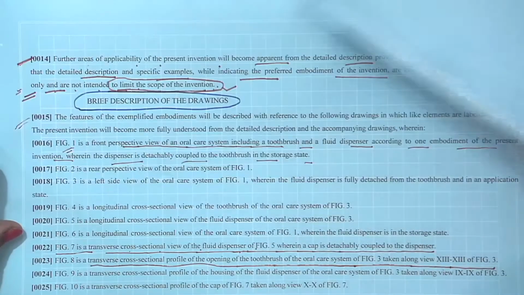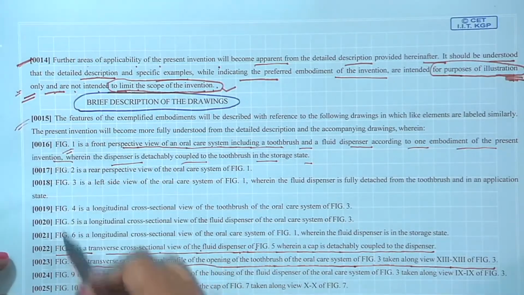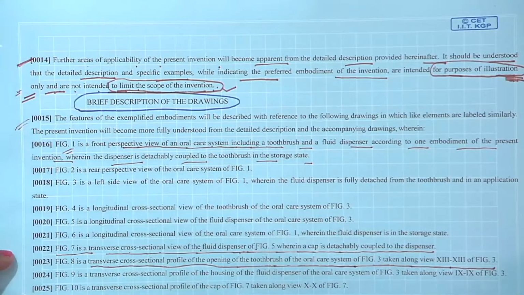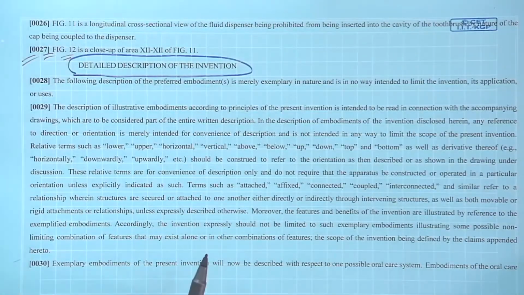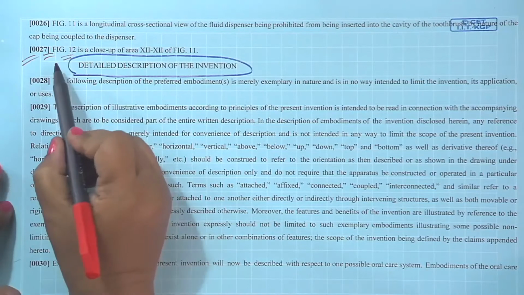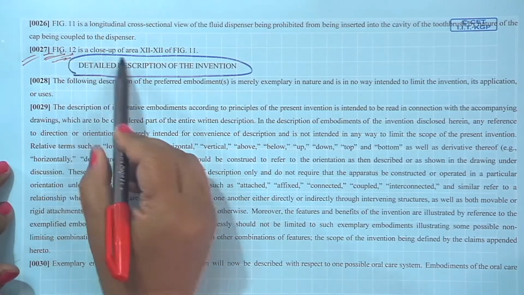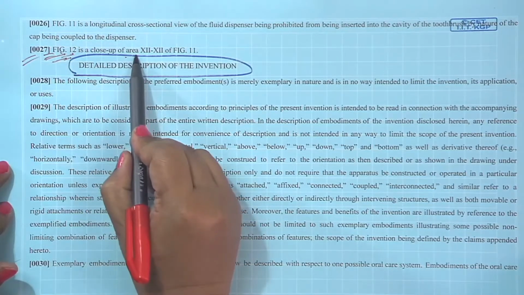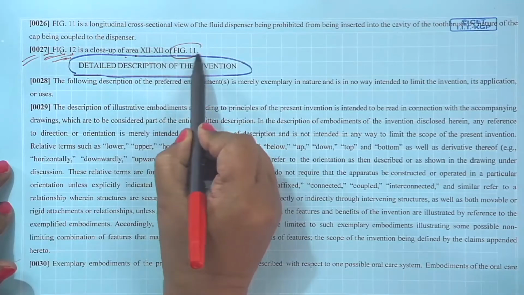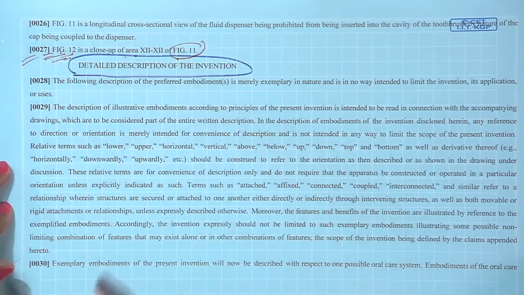So, all these 12 figures are explained briefly under the brief description of the drawings, and it ends with figure 12 being a close up of an area, and that area is shown in relation to figure 11.